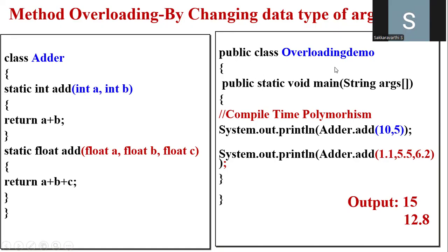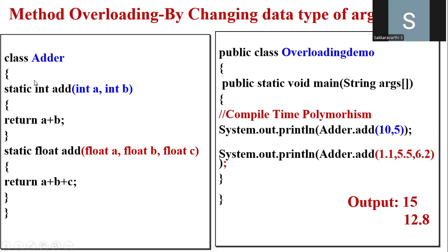So, in the main method, we are calling the method add. Since the method is a static method, we are calling it with the class name, that is, class name dot add. Suppose if it is a non-static method, we will create the object for the class Adder, and then using that object, we can invoke the method add.